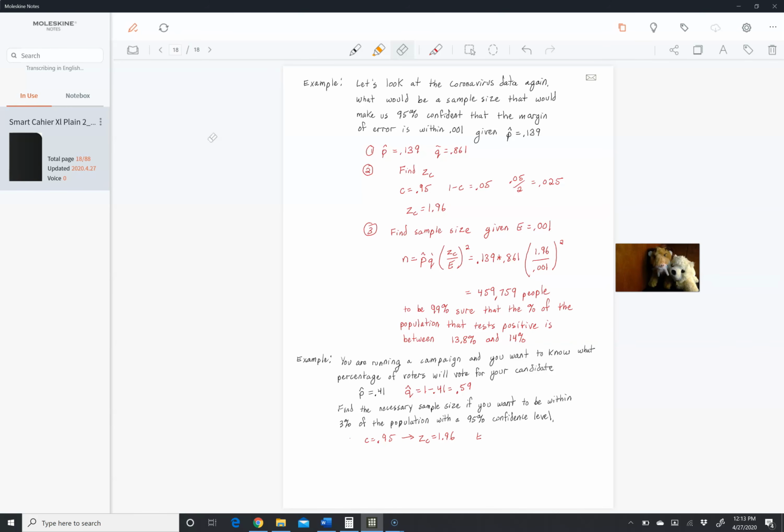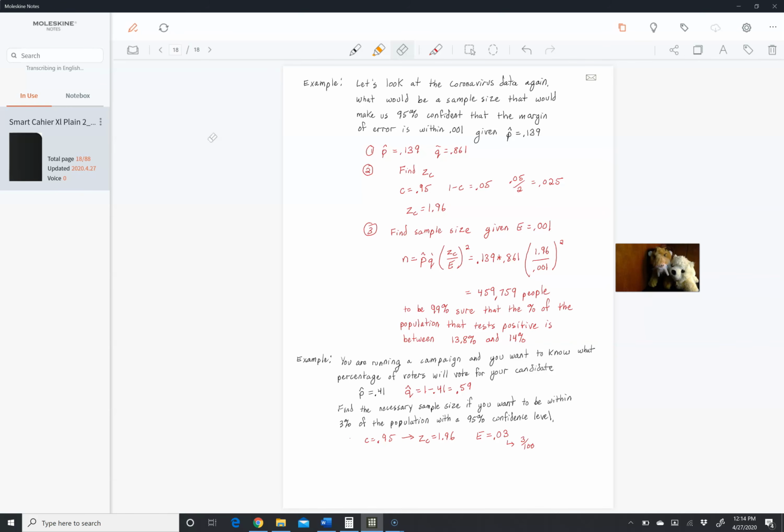And our E is equal to 3%. 3% is 0.03, so this was 3 divided by 100. You need it as a decimal.